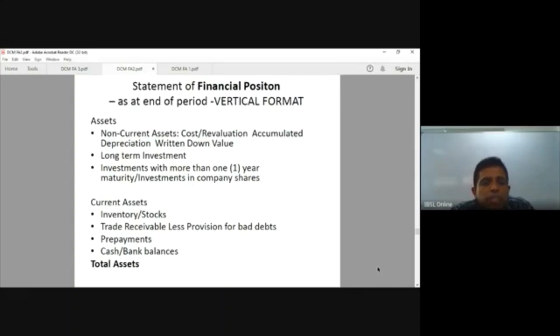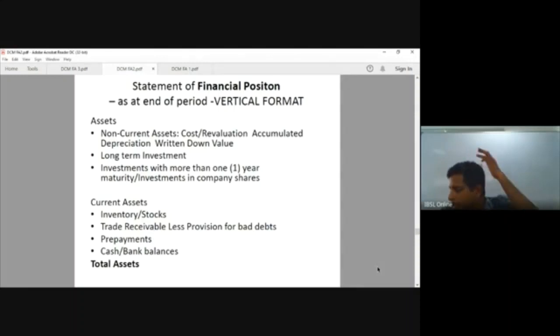Then investments of more than 1 year, those are called non-current assets. Then under current assets, you have inventories, trade receivables, prepayments, cash and bank balances. Those are called current assets.